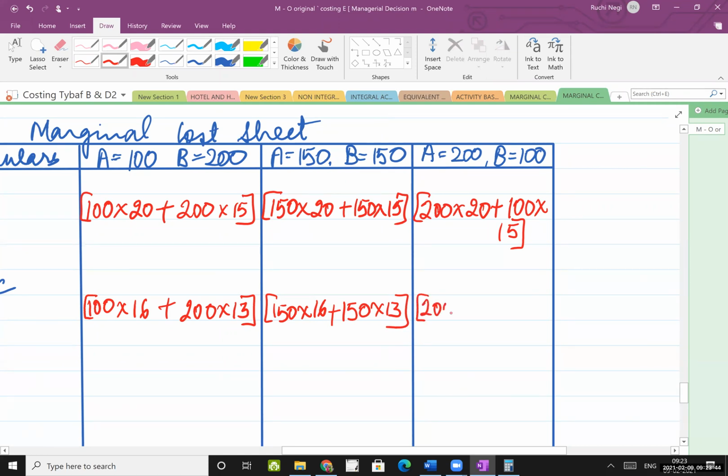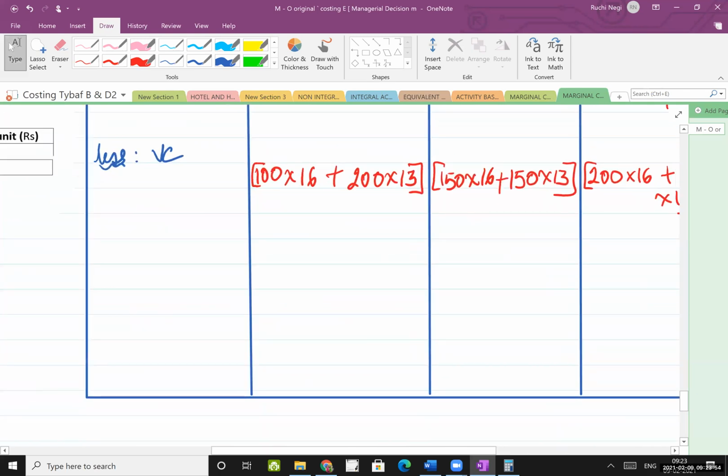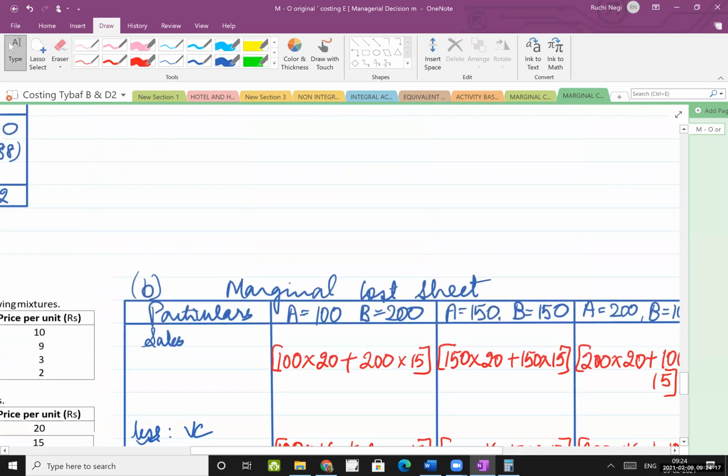Next 200 into 16 plus 100 into 13. Next, less, okay, contribution. I have to write that statement: contribution less fixed cost is equal to what you call profit or loss.